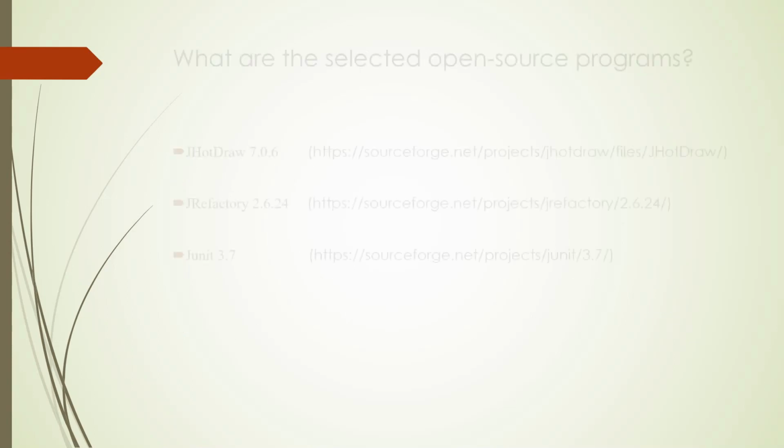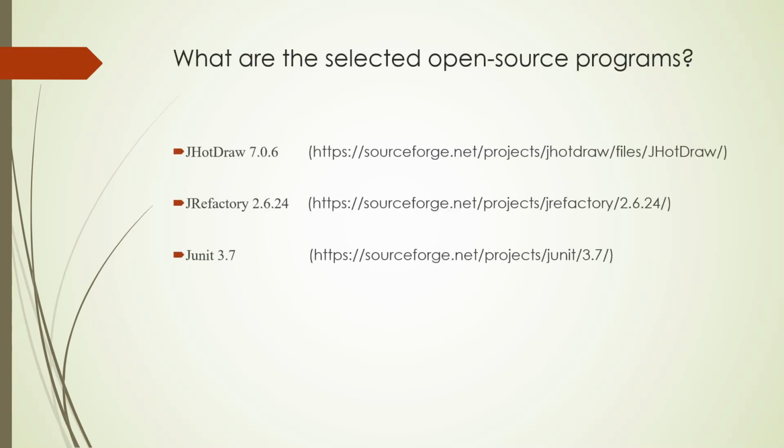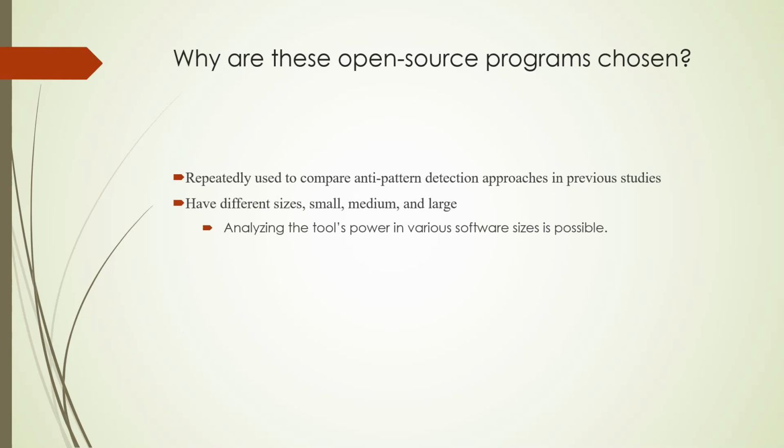We have selected three open source programs in our study to compare detection tools: JHotDraw, JRefactory, and JUnit. They are available at these addresses. They were chosen because they are frequently used in previous studies.